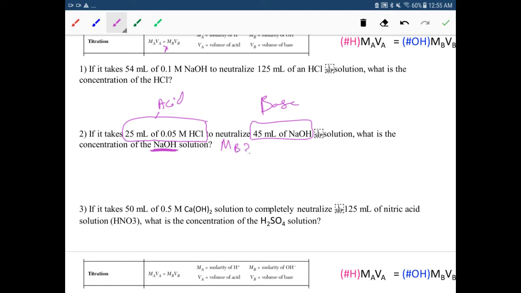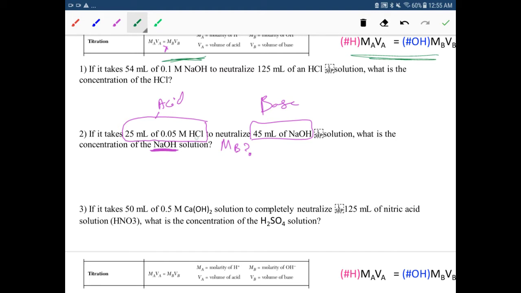So MB is unknown. Using the formula, now you can either use the formula given to you in your reference table, or the other one. Since if you look at the number of hydrogens and OHs, they are the same. You have one hydrogen, one OH, so you can use MAVA equals MBVB.